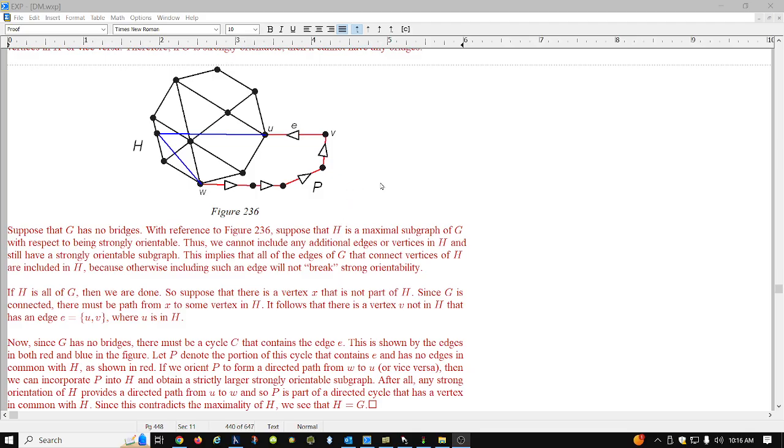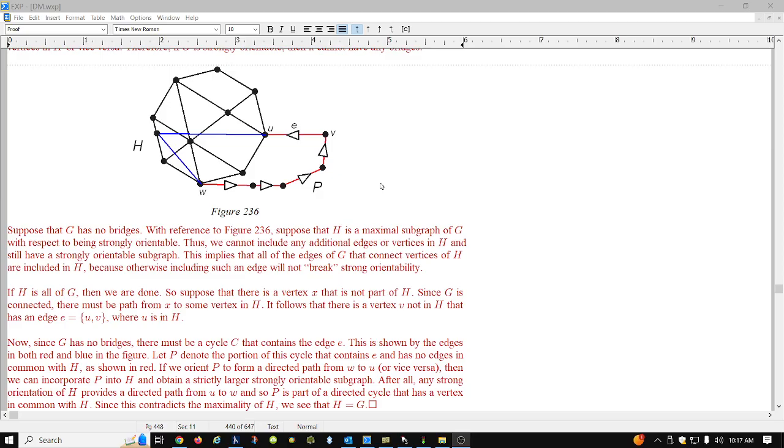One way to approach this proof is to suppose that H is a maximal subgraph of G, with respect to being strongly orientable. There will be such a thing. An individual vertex is a subgraph. It's strongly orientable.